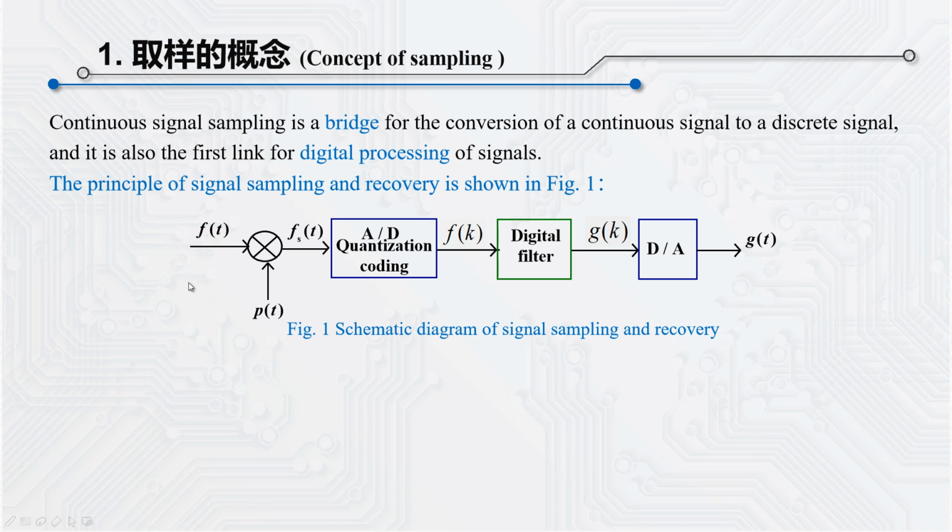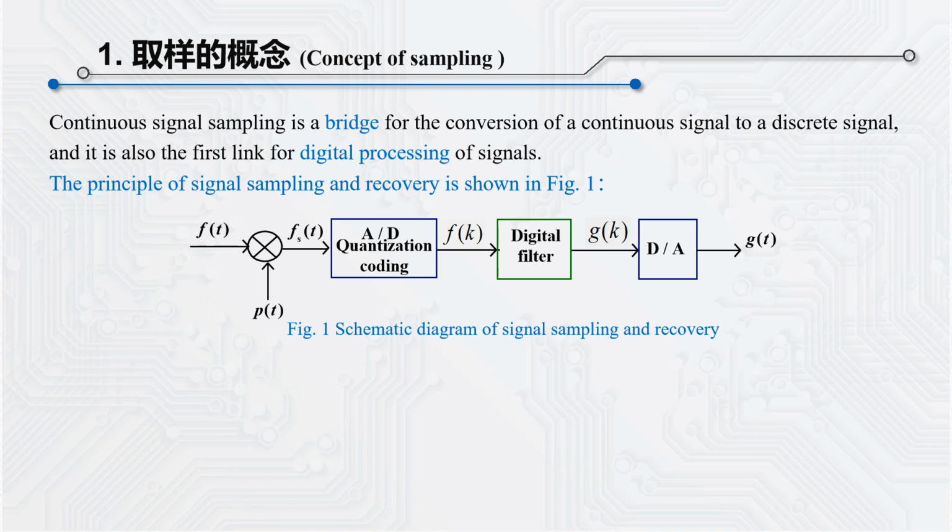f(t) is a continuous signal. p(t) is a sampling signal. When f(t) and p(t) are input to the multiplier, the sampled signal fs(t) is obtained. After quantizing and coding the sampled signal, we can get its digital signal f(k).